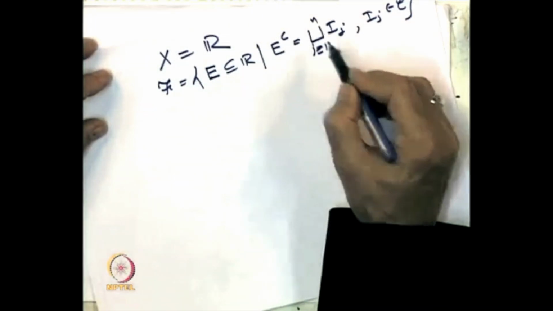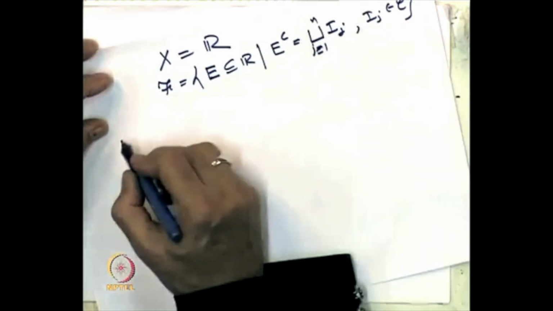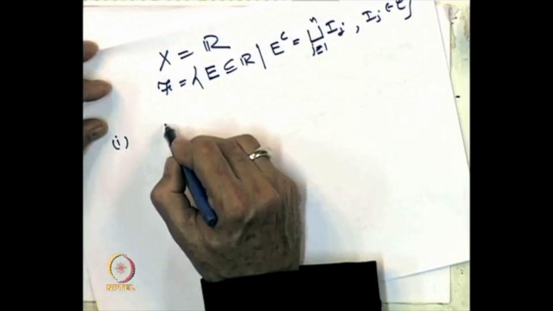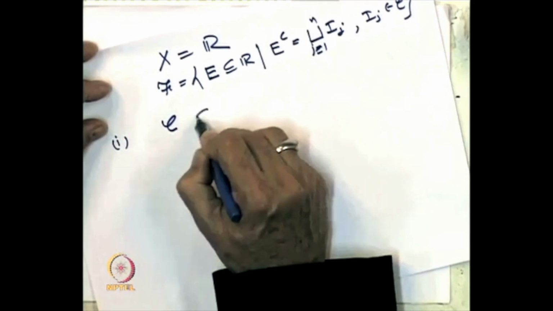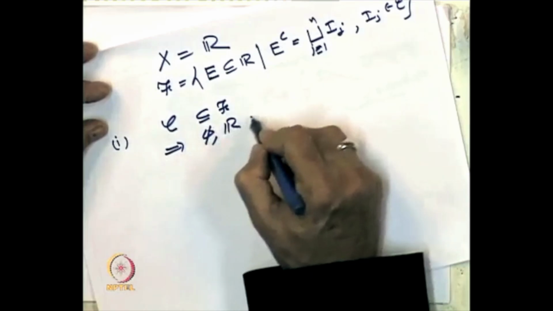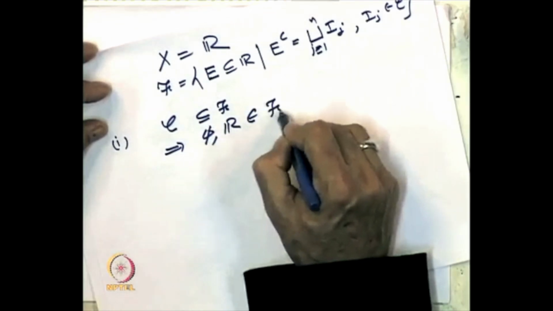That is already indicated by writing this square bracket. Now let us observe, keeping in mind our previous arguments, that C, the collection of all intervals, is a part of F. That implies that the empty set and the whole space are members of F.